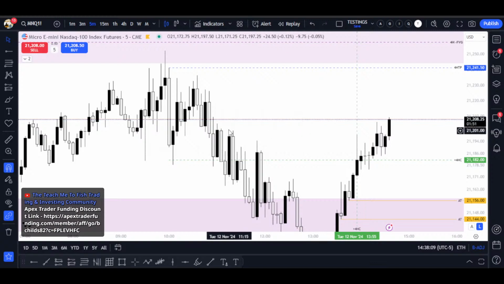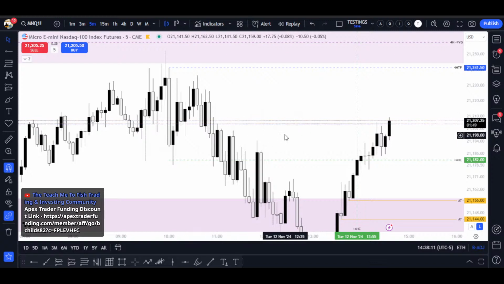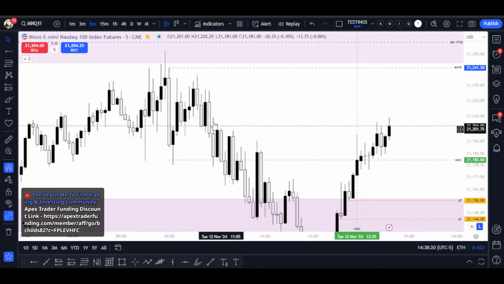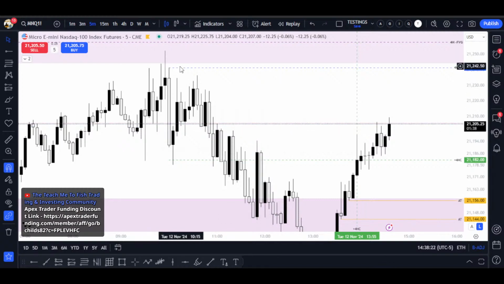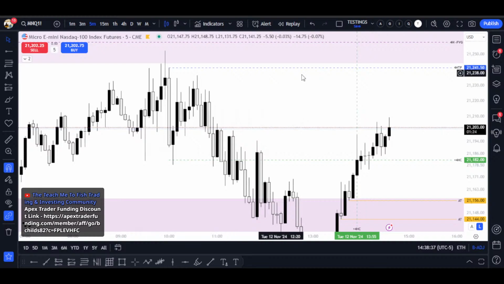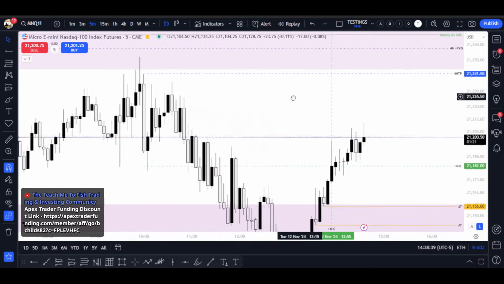Looks like we're just kind of going into a low resistance liquidity run here. So probably, let's see, what is that? $21,252.25 is the point of origin for this market maker buy model, which is above the 4 hour TP that I'm looking for.